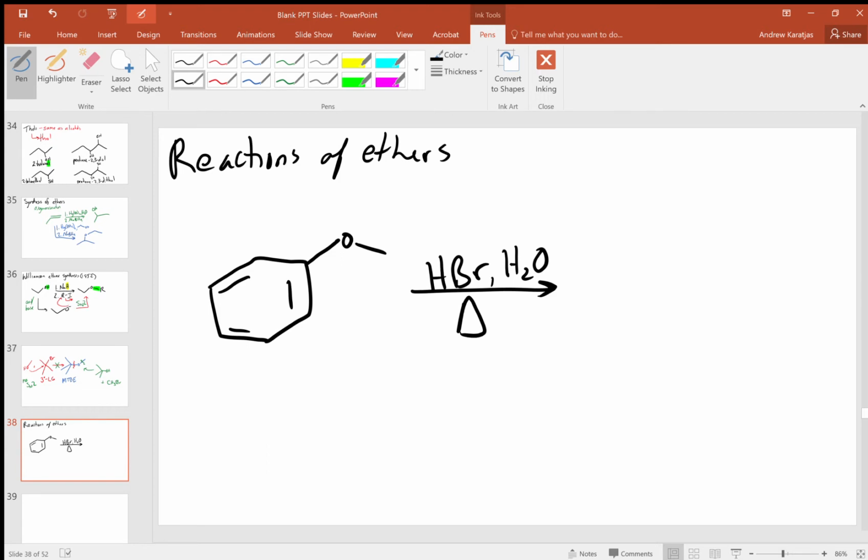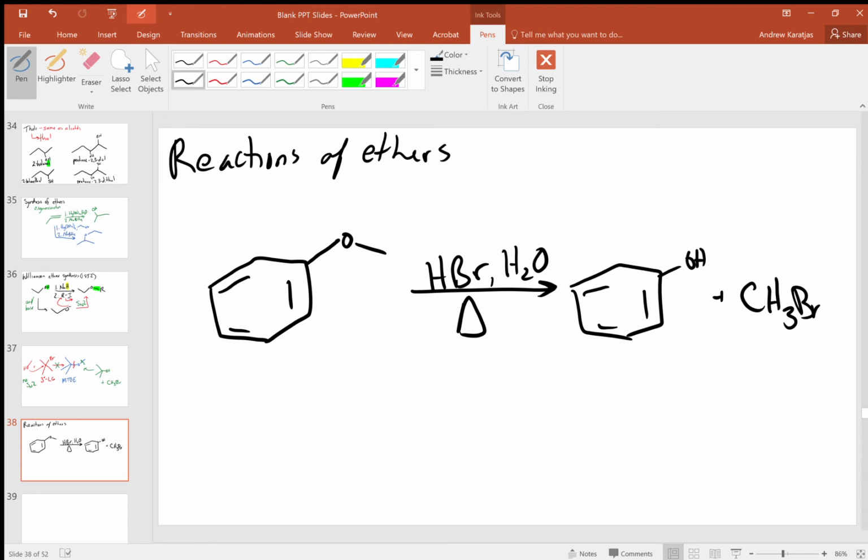Now, these are generally very harsh conditions, especially in the presence of such a strong acid. But assuming that your ether is able to survive, in 2 steps, we'll go from the ether to an alcohol plus an alkyl halide.